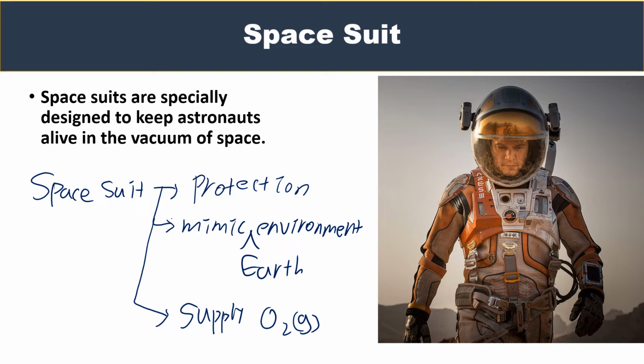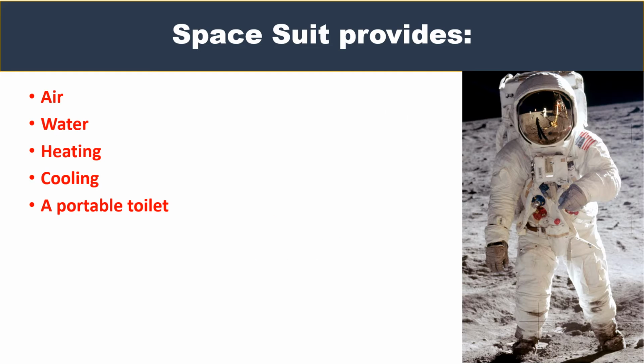We are going to go through that more in detail when we look at the movie The Martian. A spacesuit provides multiple different abiotic factors to astronauts. One of the most important parts, as you can see, is air, specifically oxygen gas, and water, H2O liquid, when we need to supplement.